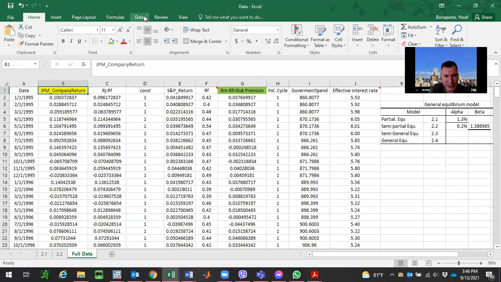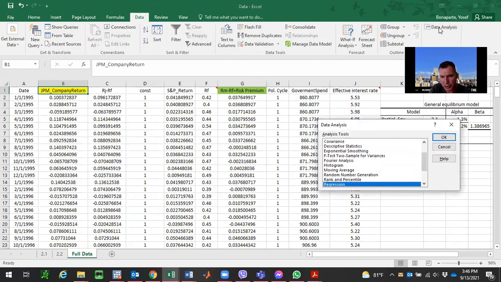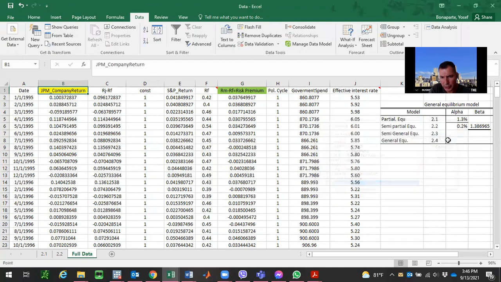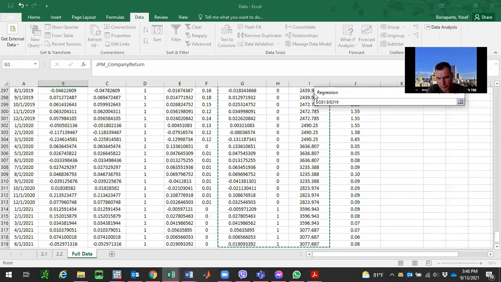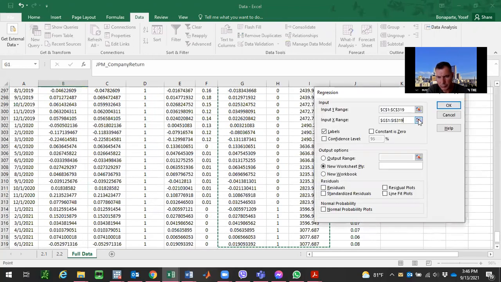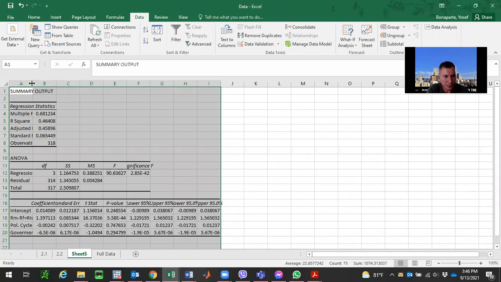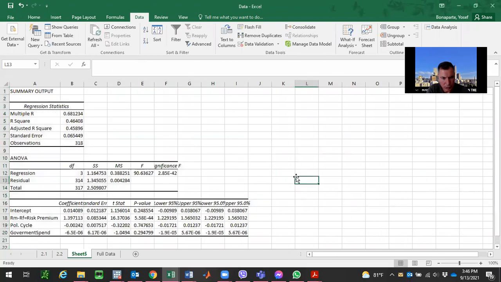So we're going to go again to data and do the regression. Okay, the same Y. Now the X is different. We want this, this, and this. Keep the labels. Okay, now the R square is this.